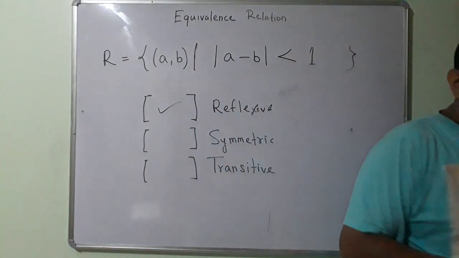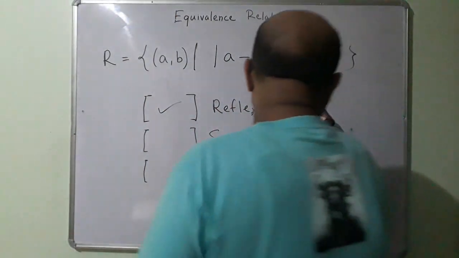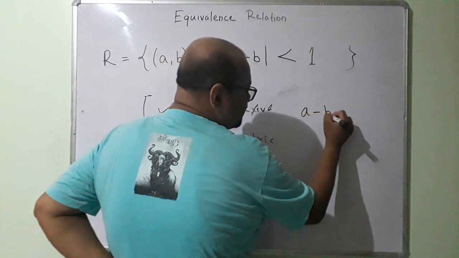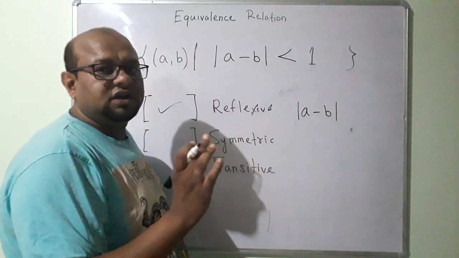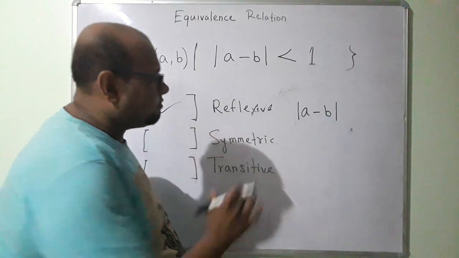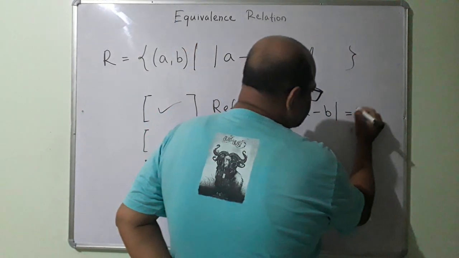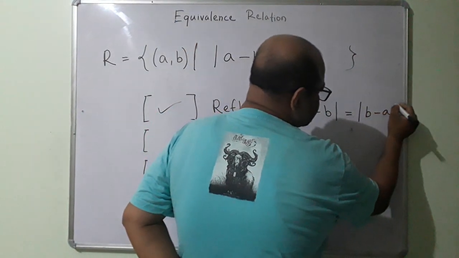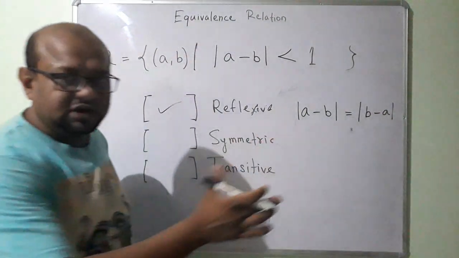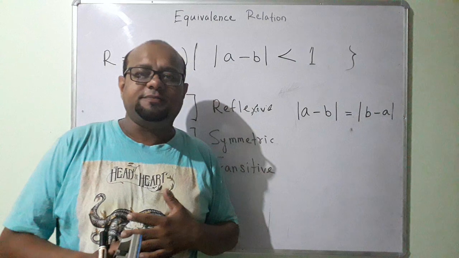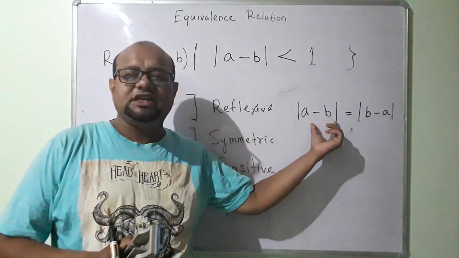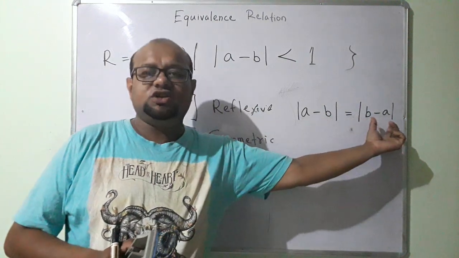So I know if AB belongs, that means mod of A minus B, alright, is less than 1. But I know mod of A minus B equals mod of B minus A. These two are equal. Right? So if mod A minus B is less than 1, then mod B minus A is also less than 1.